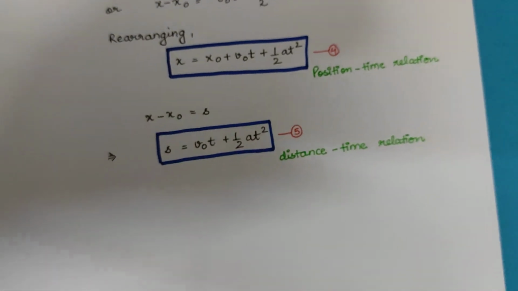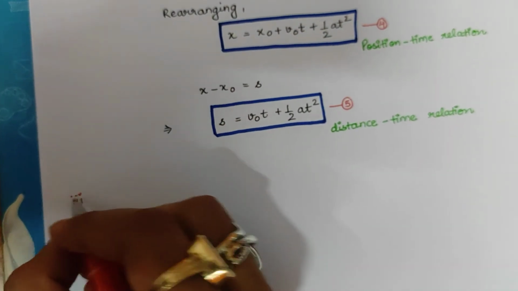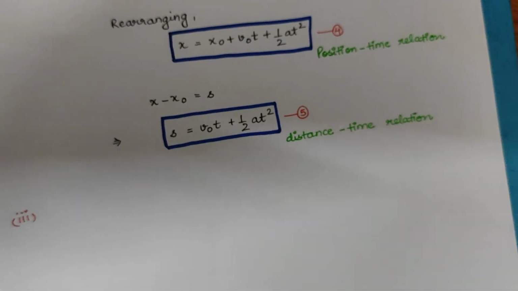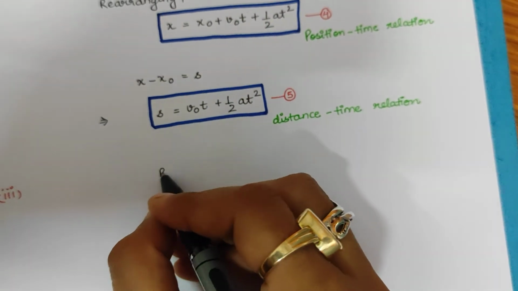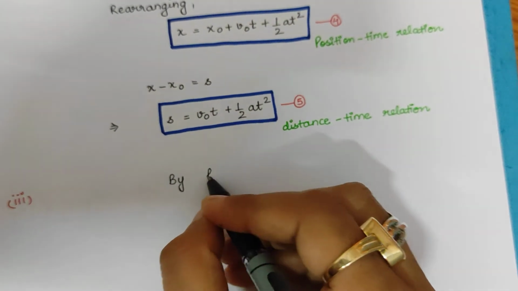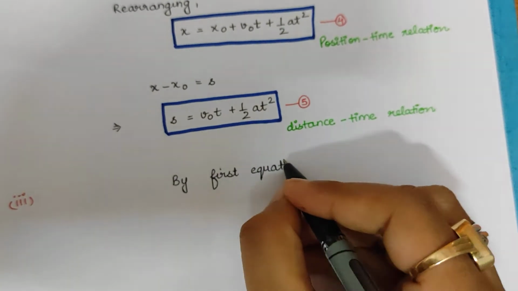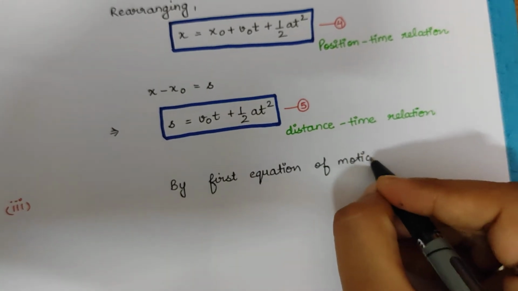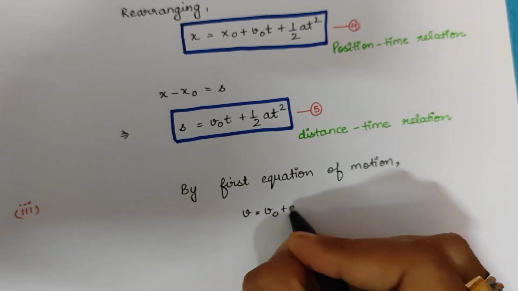Now we'll move to the third equation of motion. By the first equation of motion, we got v is equal to v naught plus at.